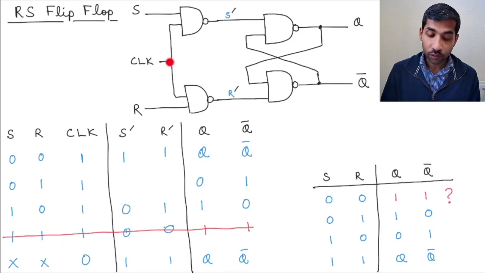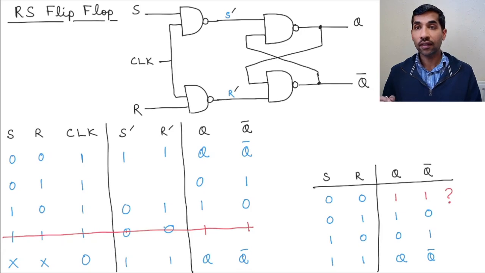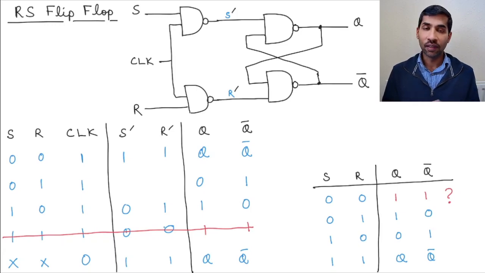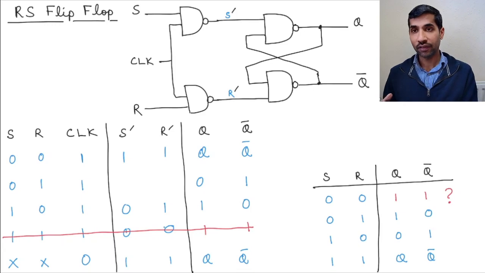Only when the clock is 1 are S and R able to change the output. Does that make sense? So the inputs only affect the output when clock is equal to 1. The inputs don't affect the output when the clock is 0. So in one sense, the clock is acting like a gating signal, right? It is gating the inputs from affecting the outputs.